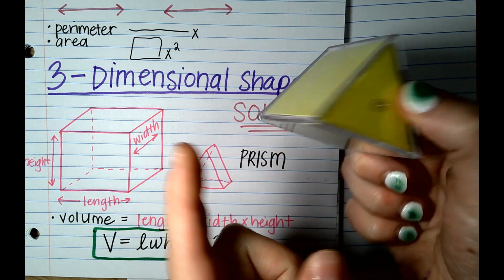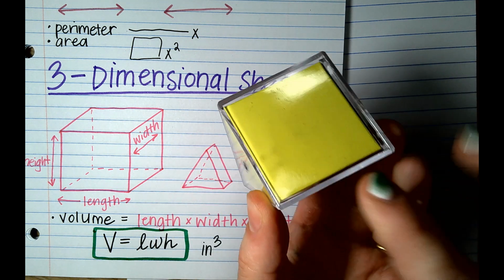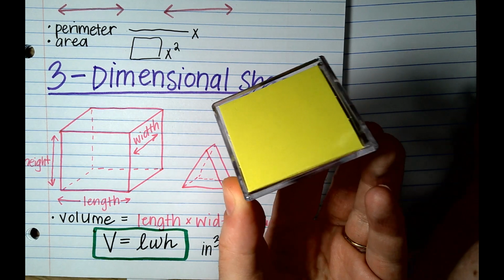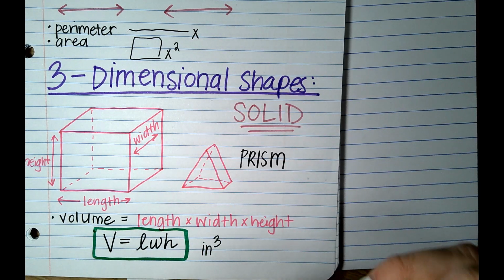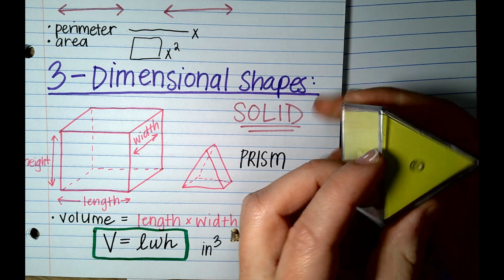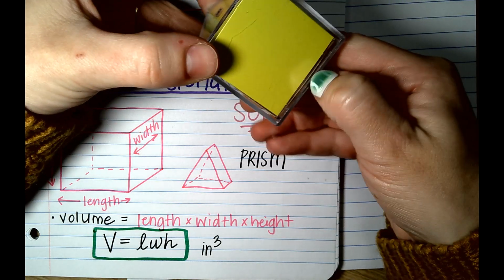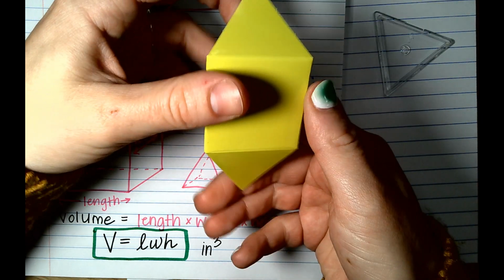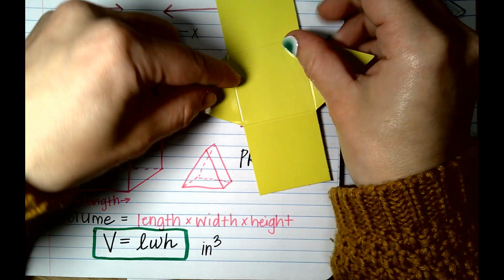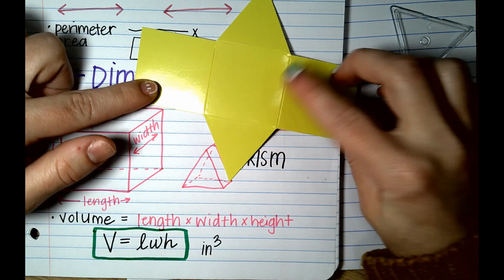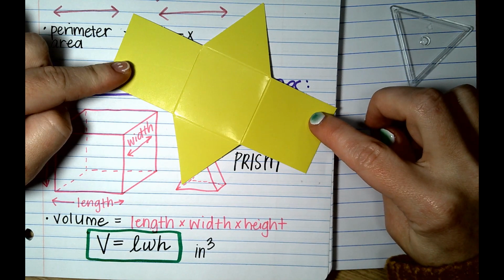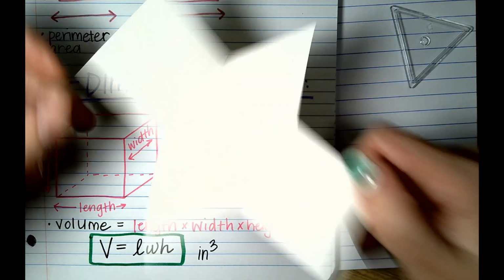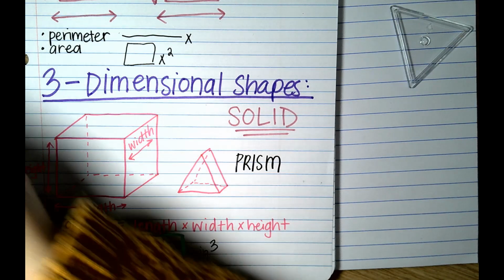So now I've got two triangles, and in between the triangles I put solid bits of like a square or a rectangle. If I were to open this one up, here's my triangles, and there's the 3 squares we attached. Here's the net of my triangular prism. Kind of cool. Let me put that back in here.